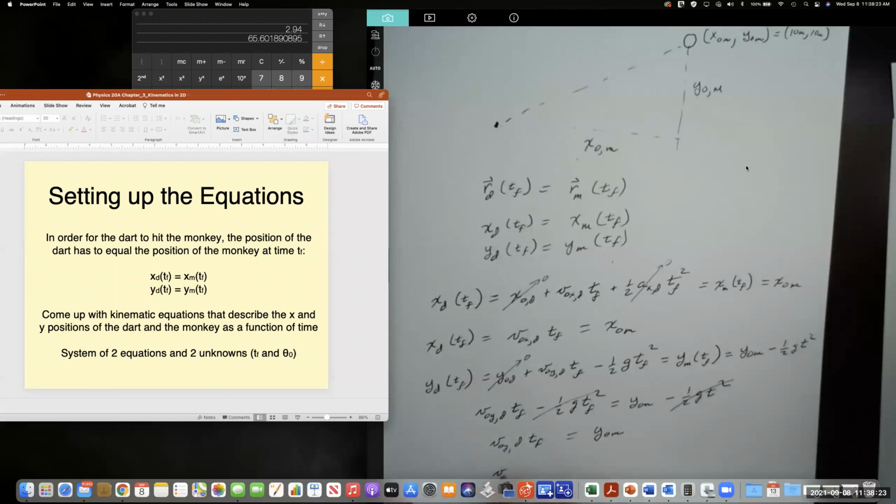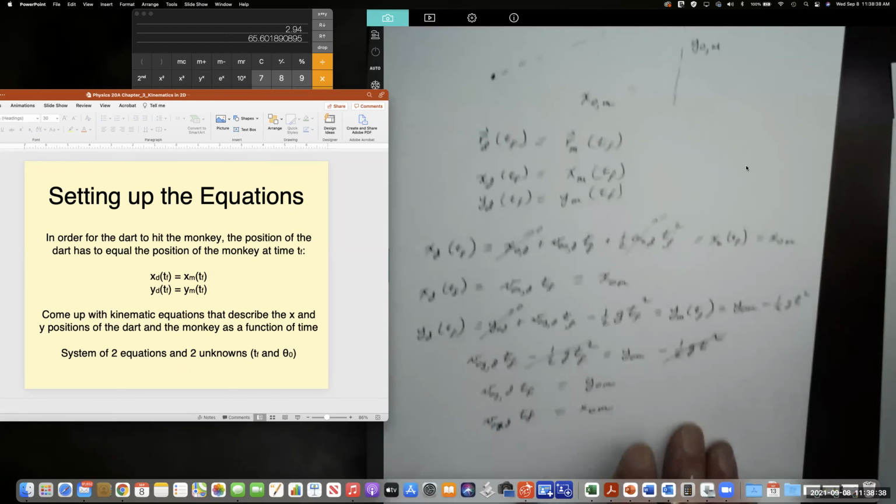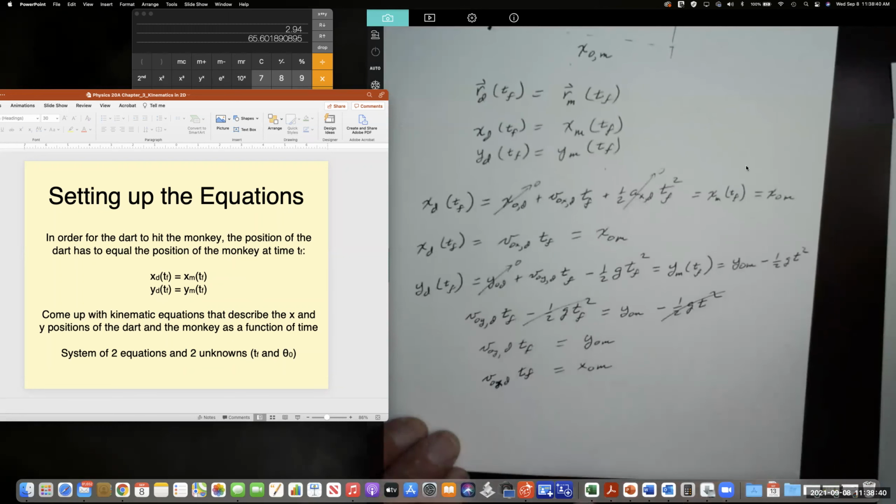And v0x of dart times t final is equal to x0 monkey. So now look at this.